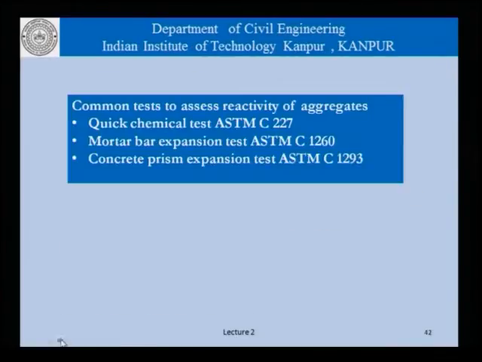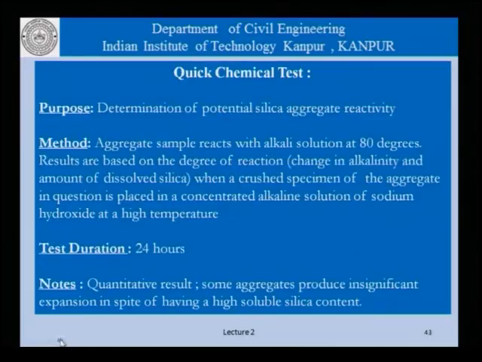There are several tests that we can use, and some of them are listed here. There is a quick chemical test, or the mortar bar expansion test, or the concrete prism expansion test, and there are corresponding ASTM numbers for that. The principles are just outlined here.